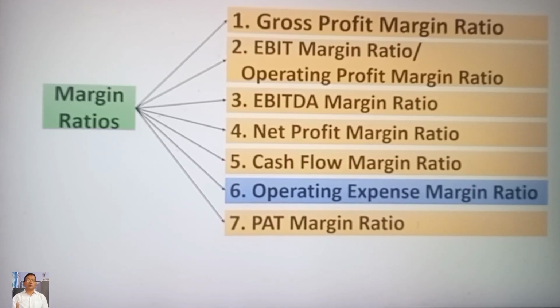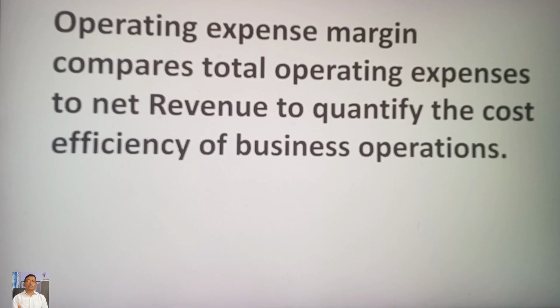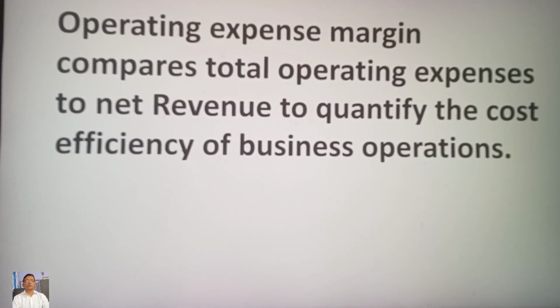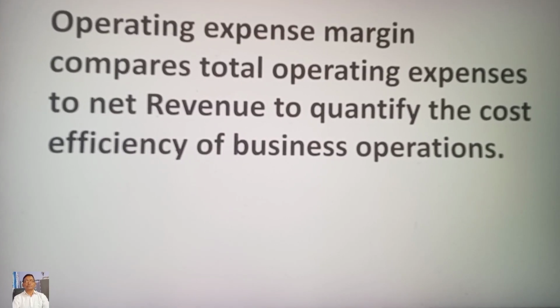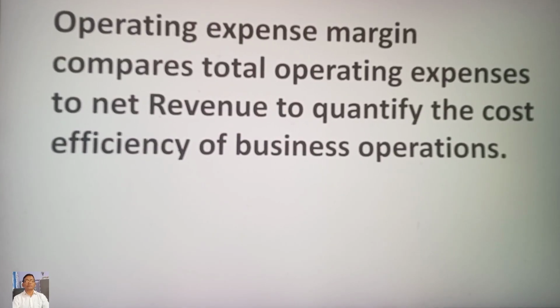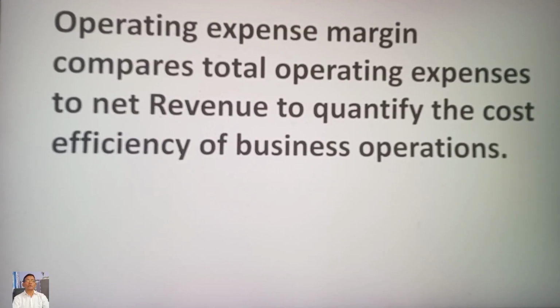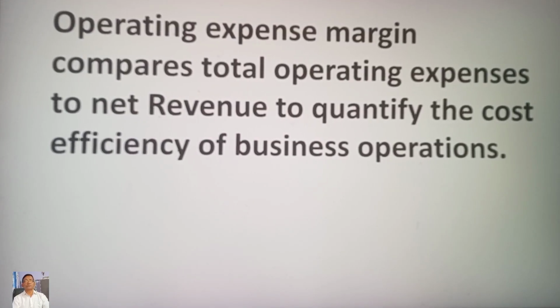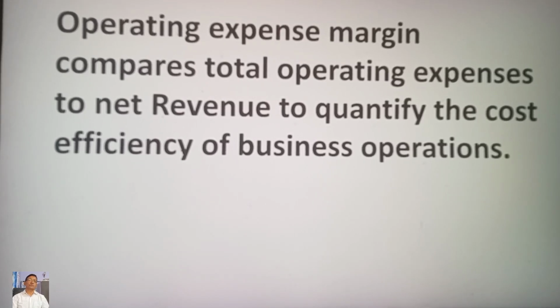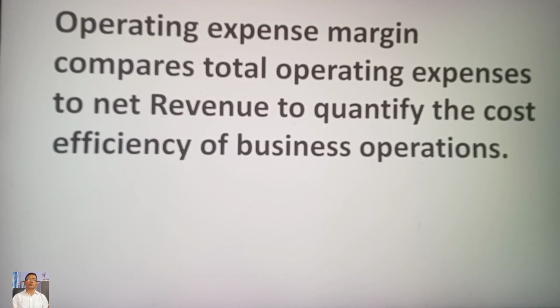Sixth, operating expense margin ratio. Operating expense margin ratio compares total operating expenses to net revenue to quantify the cost efficiency of business operations. It measures what part of revenue is consumed by operating costs. Operating expense margin ratio is calculated by dividing total operating expenses by net revenue.